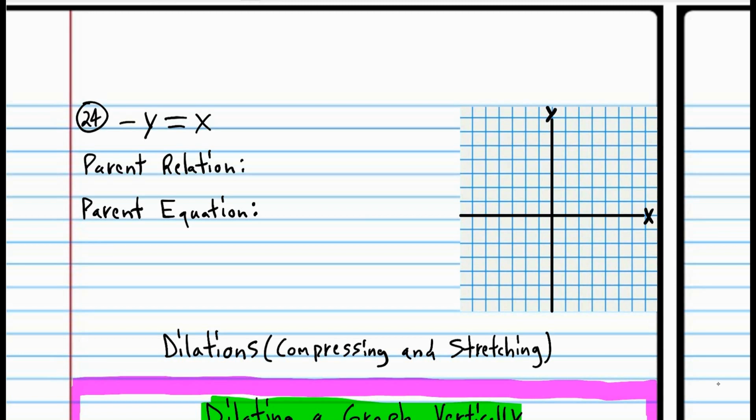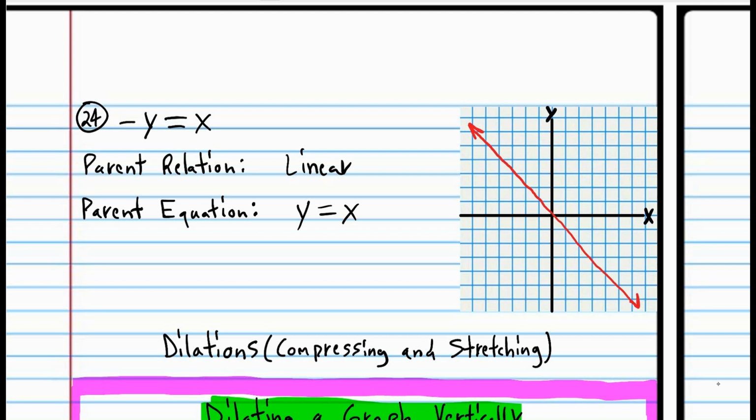All right, we're back. The parent relation is obviously the linear relation. The parent equation is y is equal to x, but now we have a negative on the y, so that's going to reflect across the x-axis. So if you take this parent graph and reflect across the x-axis, it flips down like so. But notice that that actually gives us the same exact graph that we did before.